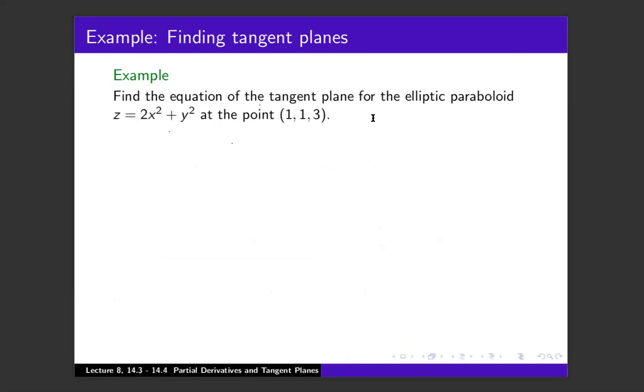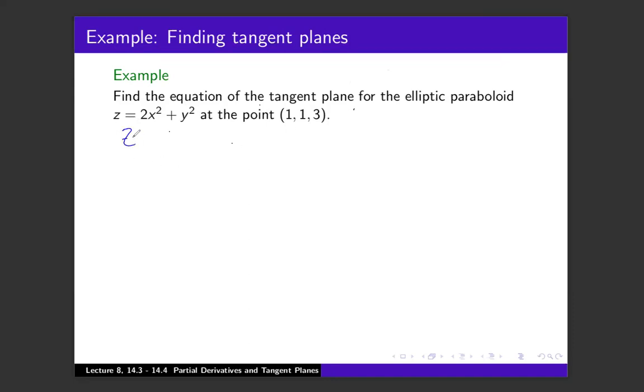So let's do a specific example. We'll find the equation of the tangent plane for the elliptic paraboloid z equals 2x squared plus y squared. Now, again, what are we going to do? This is again just a plane. So z, I'm going to do this in blue as is my custom.